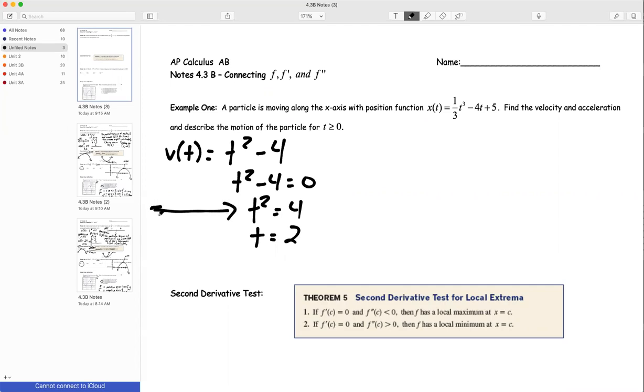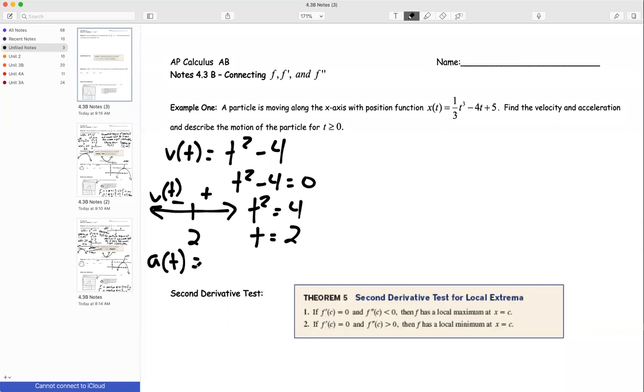I'm going to make a little sign chart of the velocity graph and check on either side of 2. So if I plug in 0 to the velocity, this will be negative. And if I plug in 3, I get 9 minus 4, which is positive. So here's my sign chart for the velocity equation.